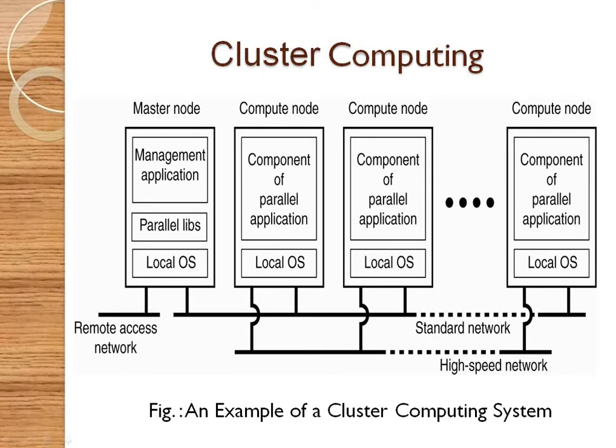This is the master node shown in the figure. The master typically handles the allocation of a node to a particular parallel program, maintains a batch queue of submitted jobs, and provides an interface for the user of the system.